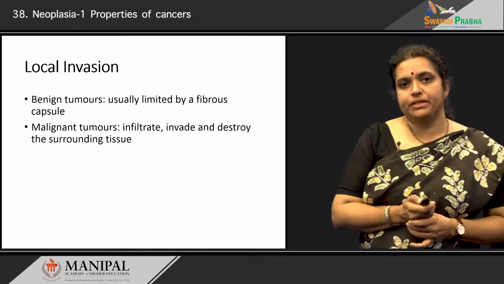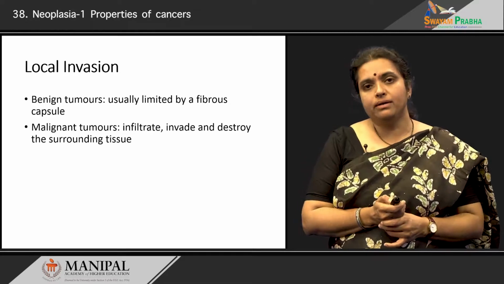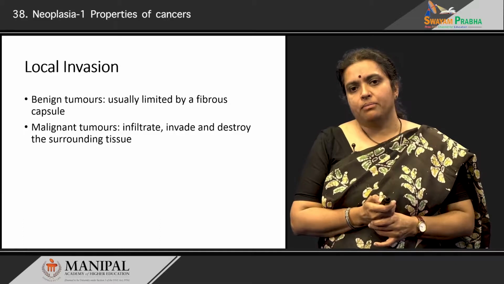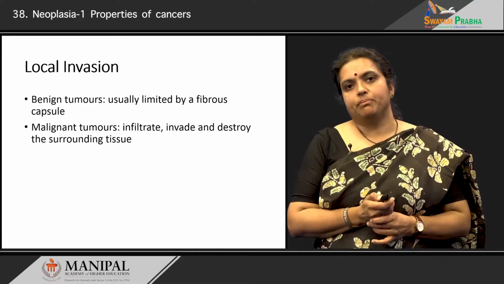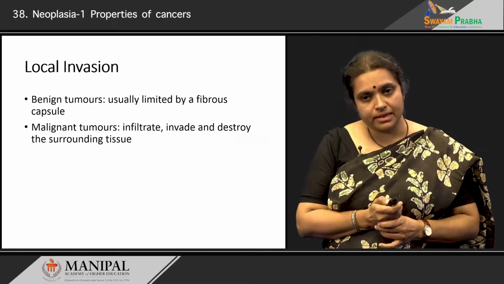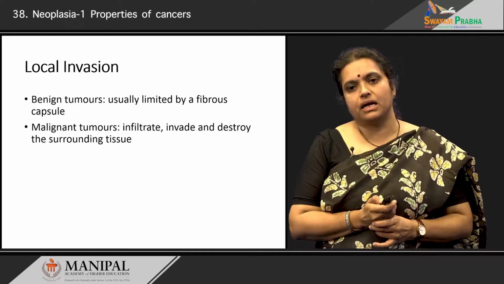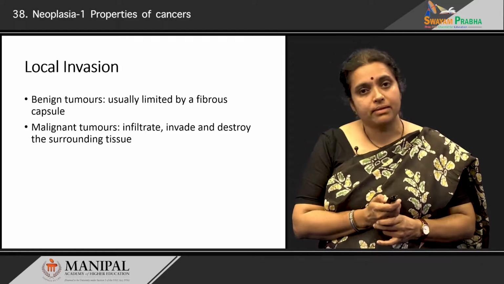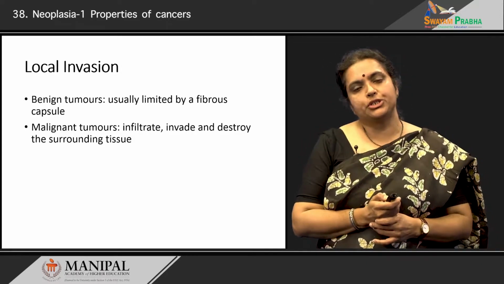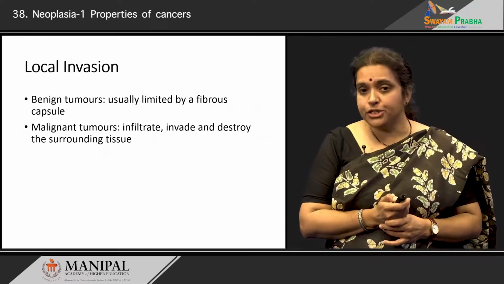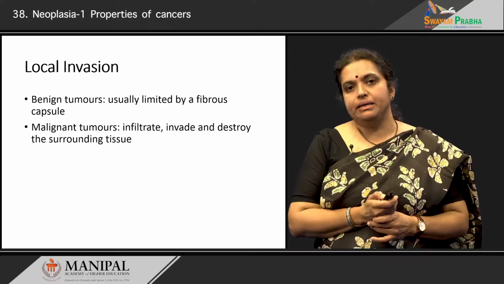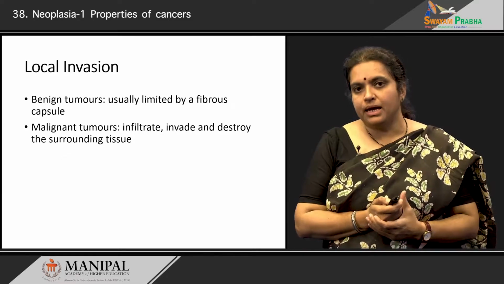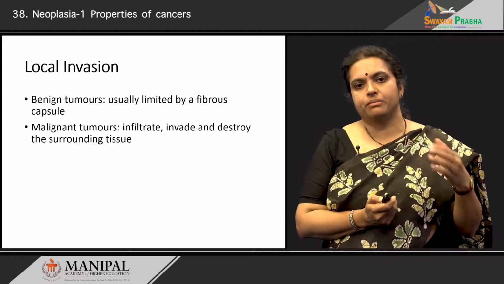The next property of cancer cells is local invasion. Now, what do you mean by local invasion? Malignant tumors, by definition, can infiltrate and invade the surrounding stroma and destroy the surrounding tissue. This is an inherent property of malignant tumors, whereas benign tumors usually are limited and surrounded by a fibrous capsule and can be just enucleated from the organ.